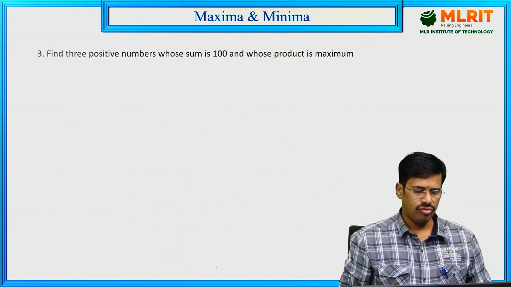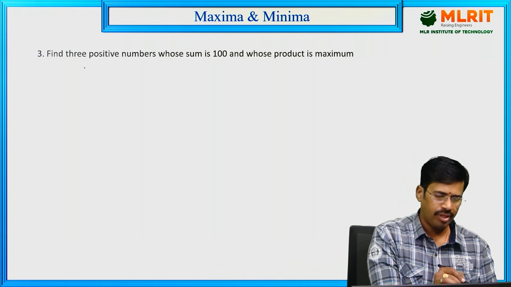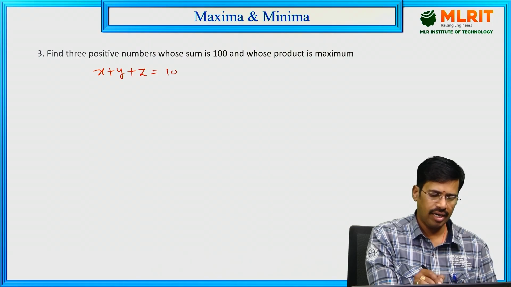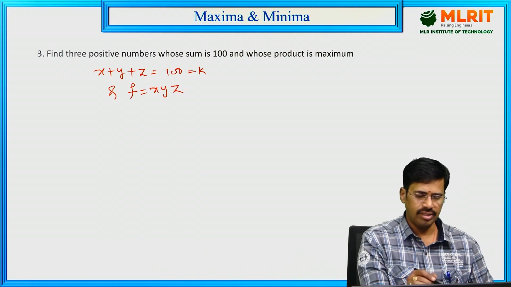Find three positive numbers whose sum is 100 and whose product is maximum. Let us take sum of three numbers is 100, let it be some k, and whose product is maximum. So f is equal to xyz.